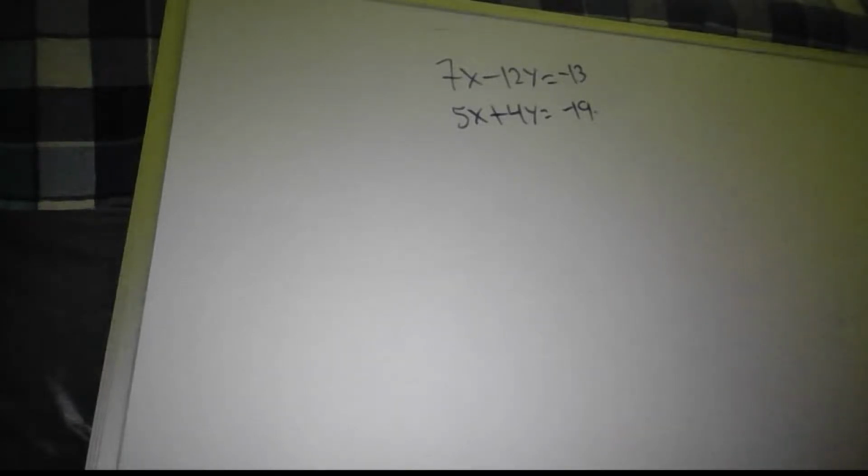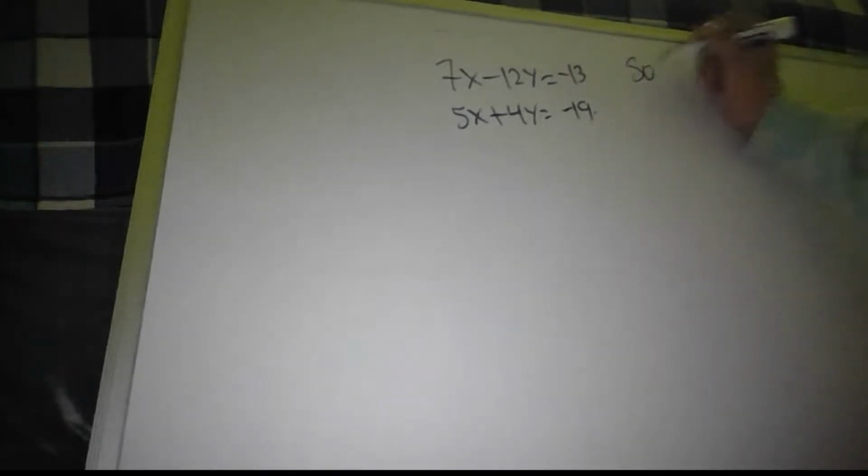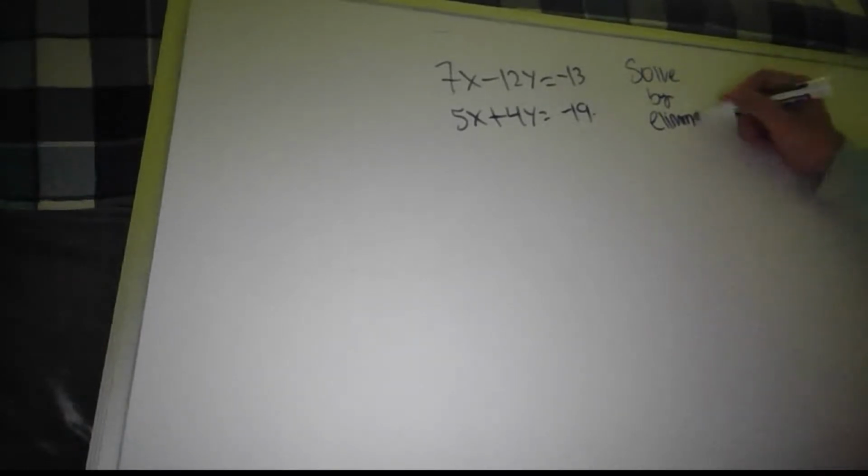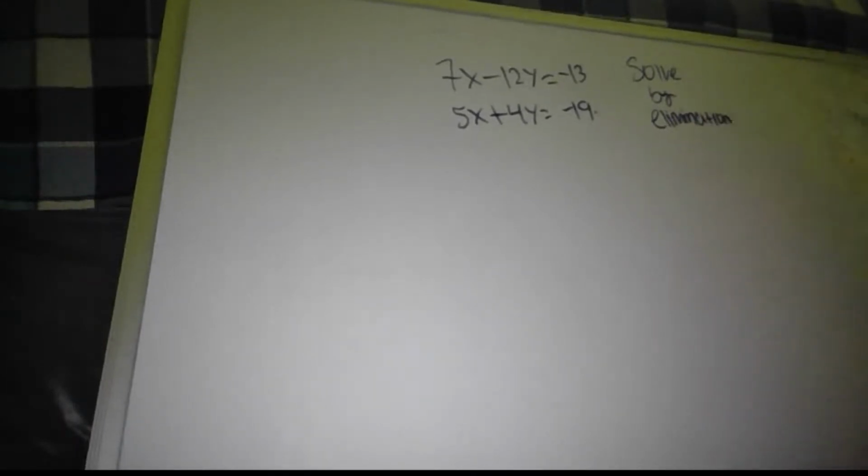7x minus 12y equals negative 13, 5x plus 4y equals negative 19. So we're going to solve by elimination. You can do it by substitution, but that's just going to make it really messy.